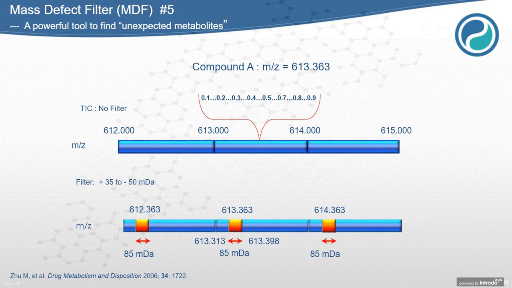But then we collect the same window of data at 612, at 614, at 611, 610, 609. So we're extracting an 85 millidalton window across the mass range. So remember, we had about 800 or 900 data points there. By doing this, we are eliminating 90% of the data points that are irrelevant to the mass of interest to us.